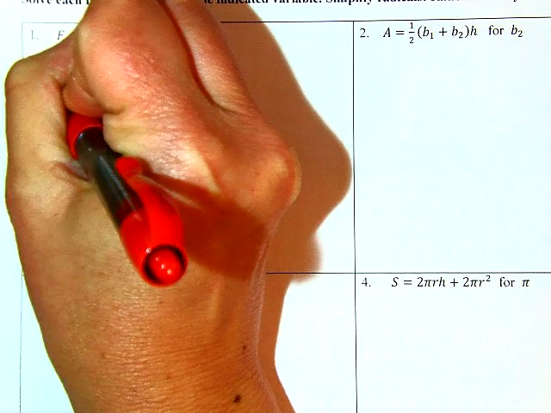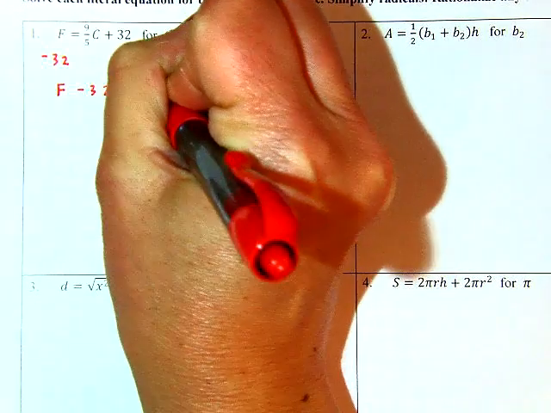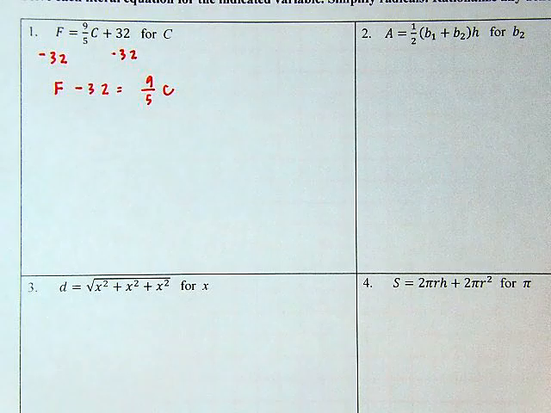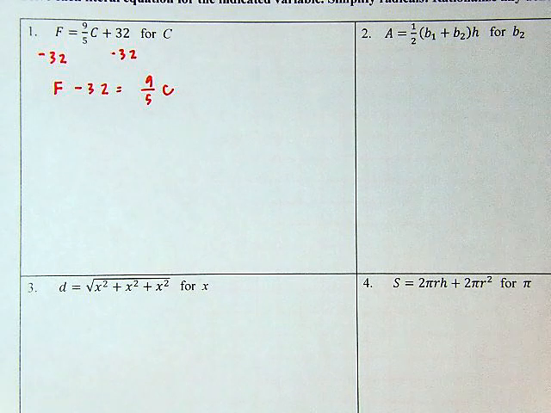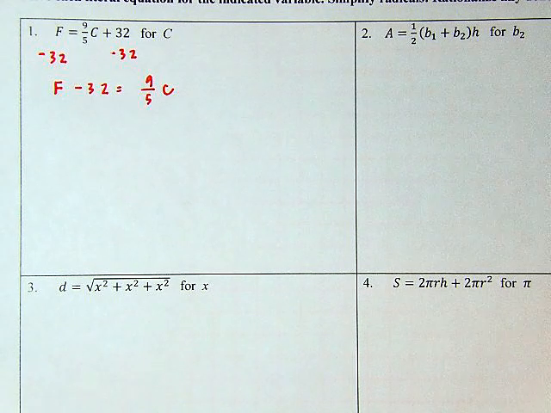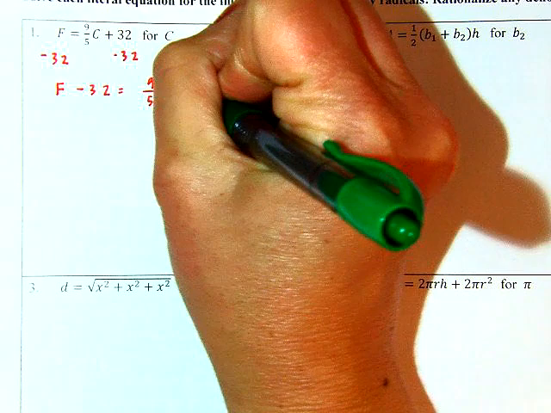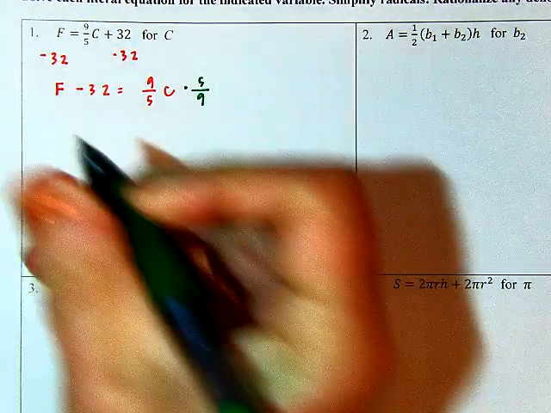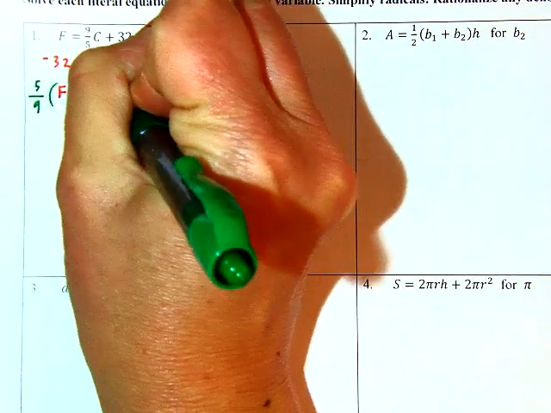Now we have degrees Fahrenheit minus 32 equals 9/5 of C. Now from here, I want to get the C all by itself. To make that 9/5 go away, I can multiply each side by the reciprocal, 5/9. And what I do to one side, I'm going to do to both sides.